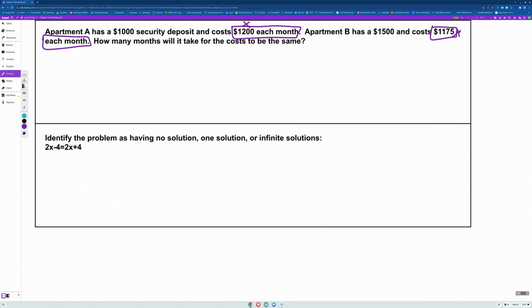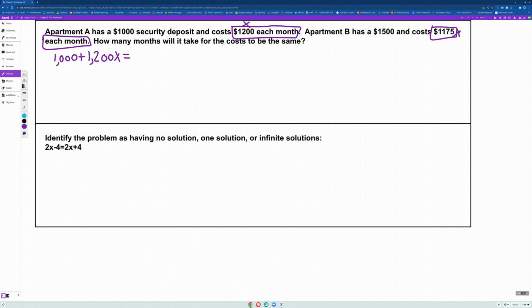So your security deposit is like a one-time payment. So I'm only paying 1,000 one time, but I'm also going to have to pay $1,200 each month.